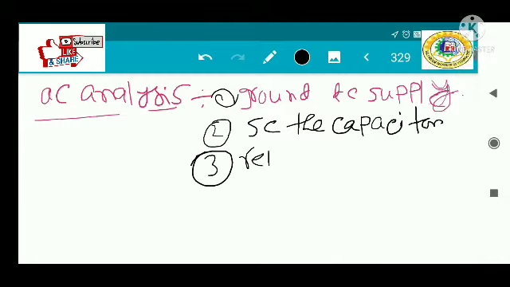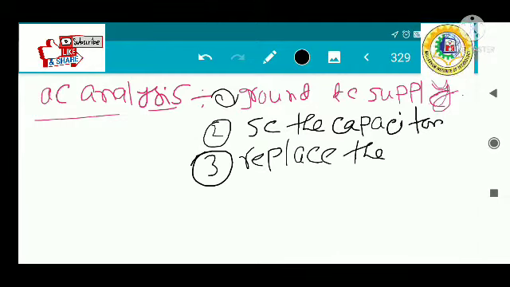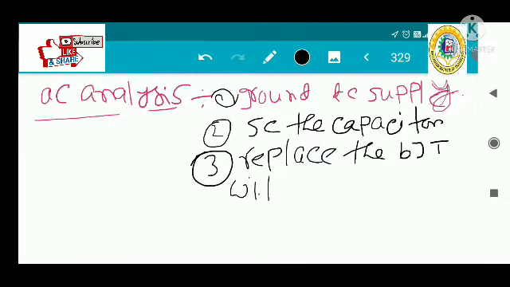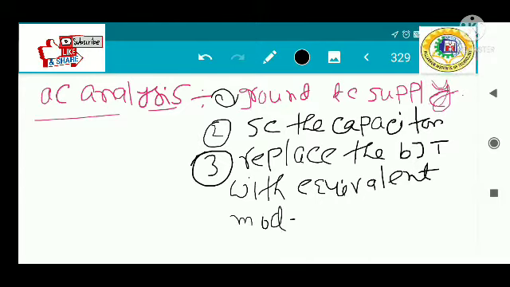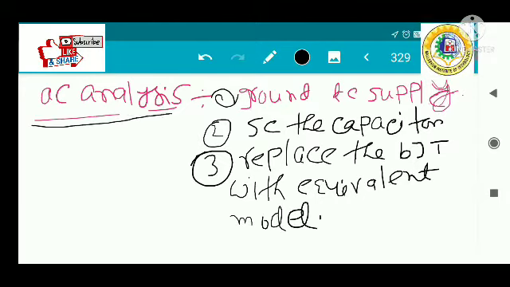We will learn the BJT model, because the Ebers-Moll model can no longer be used, as I have said: replace the BJT with an equivalent model. We have learned a model, but we have also seen that it cannot be used in any kind of AC analysis, because it has disadvantages due to the nonlinear element present. As there is a nonlinear element, you cannot linearize the circuit.